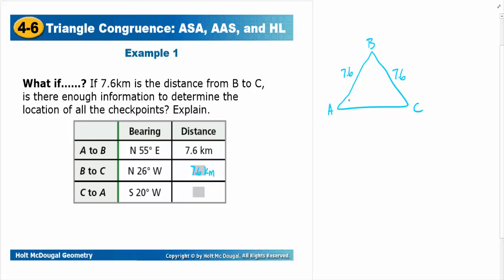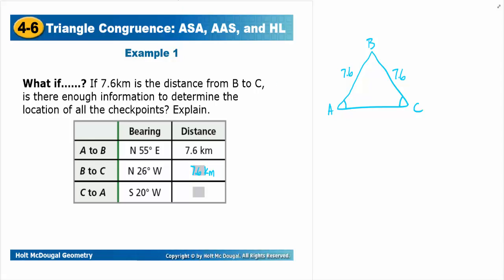What we have to understand is, what are we given? From that, can I use congruent triangles to find AC? It depends on how you set up this triangle. If I know this is isosceles, then I know that these angles are congruent.